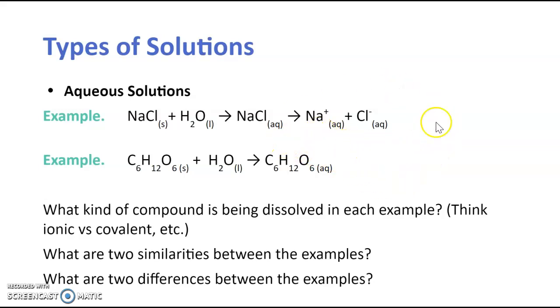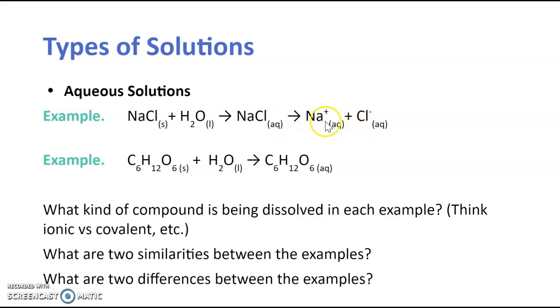This is not something we can see on a macroscopic level, but on a microscopic level, we know that the sodium and the chloride break apart. So that's an ionic bond, and it's breaking back into its ions because interacting with the water is a lot more appealing than interacting with the other ions.